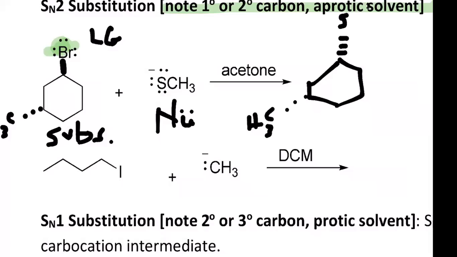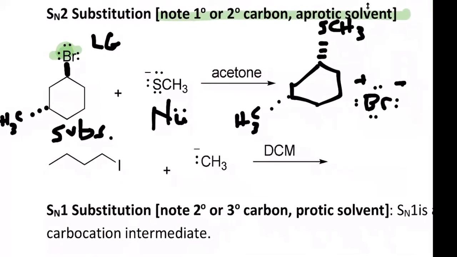I don't want to go Kirk Franklin on the iPad. SCH3 plus the leaving group, Br minus. I'm gonna put some electrons around it, and that's negative. All right, so that's my product.